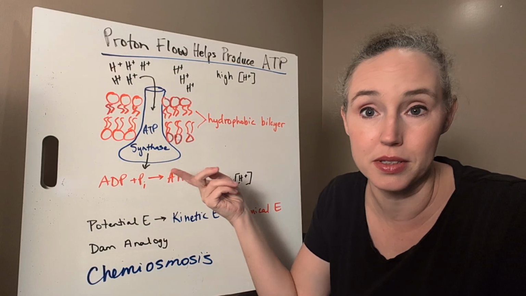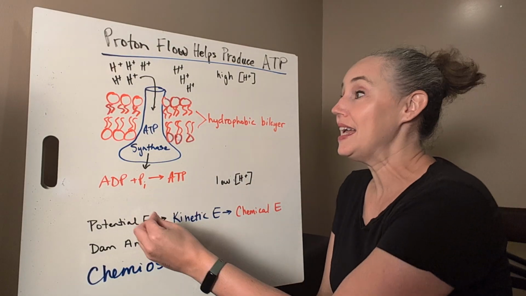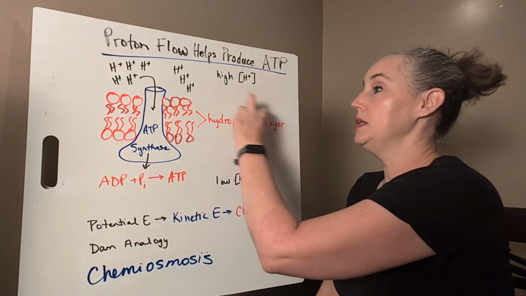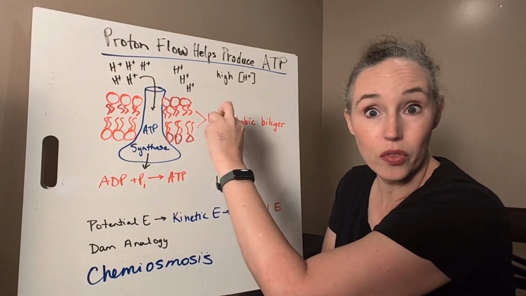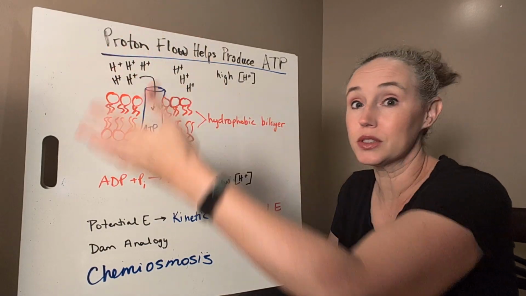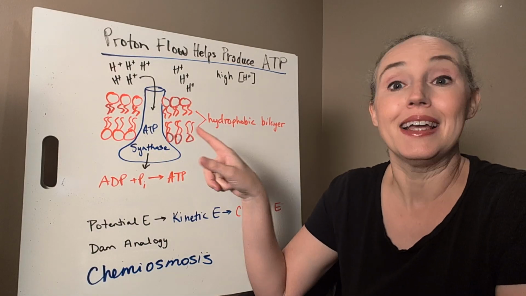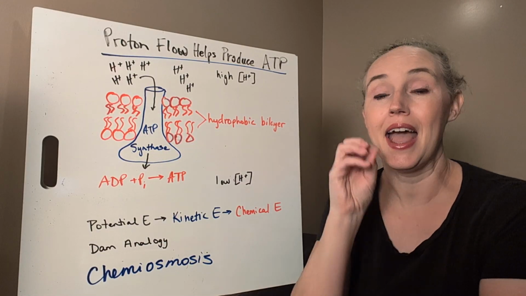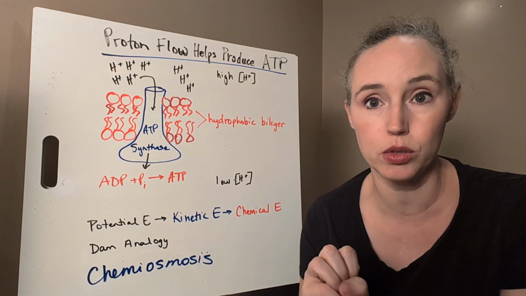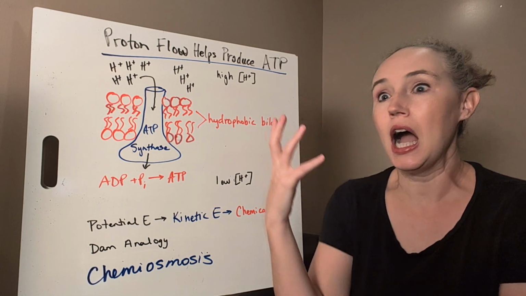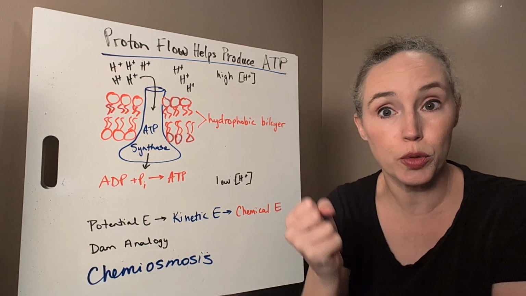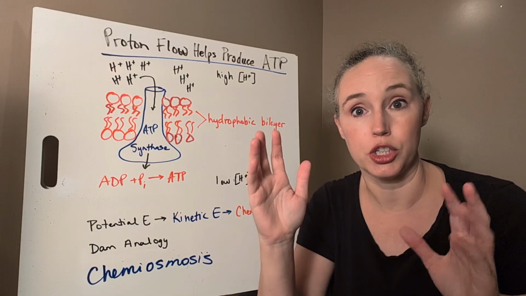Like I don't have any H plus down here. Then we have our hydrophobic lipid bilayer that's blocking the hydrogen from just passing through. But here in the middle is ATP synthase. ATP synthase is a protein that acts like a turbine in our dam analogy, right?